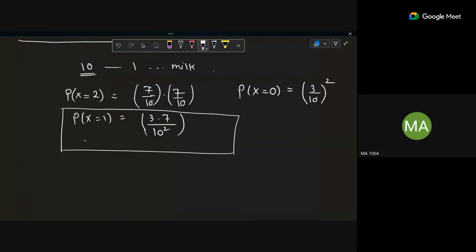Now if I add one more thing here, 2 times 21 by 100, then what will happen? Yes, it's needed, because we are considering whether we select the dark one first or the milk one first. In that case, it will matter. Now check whether it sums to 1 or not. Yes, ma'am, now it sums to 1.